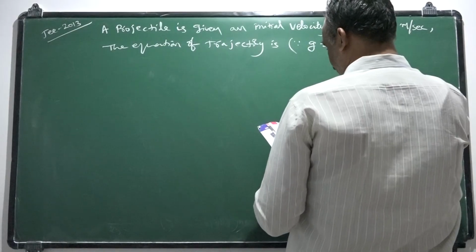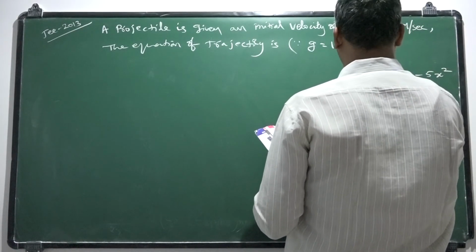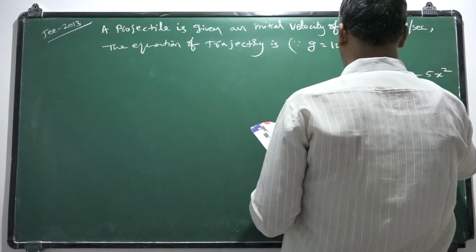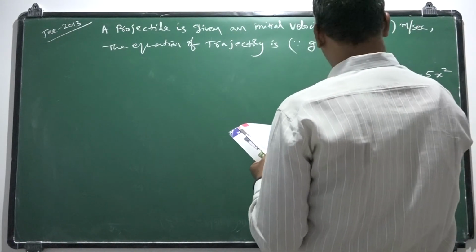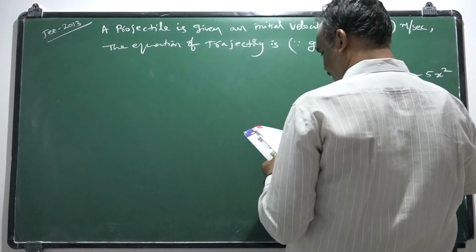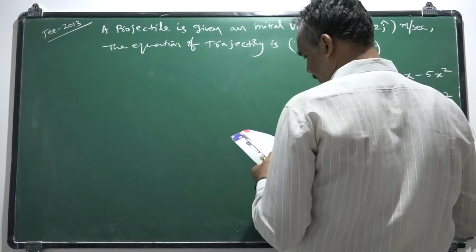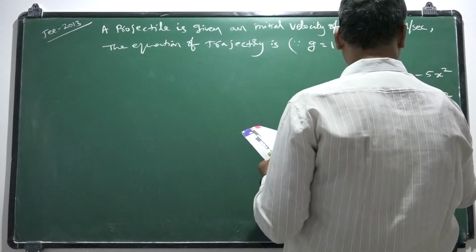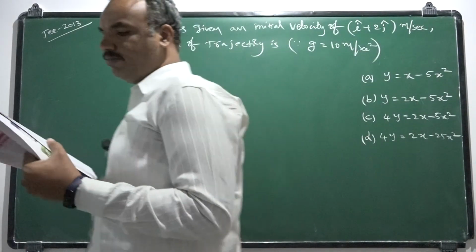First option, y is equal to x minus 5x square. Second option, y is equal to 2x minus 5x square. Third option, 4y is equal to 2x minus 5x square. Fourth option, 4y is equal to 2x minus 25x square. So options are given like that.